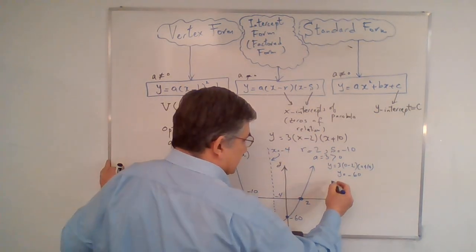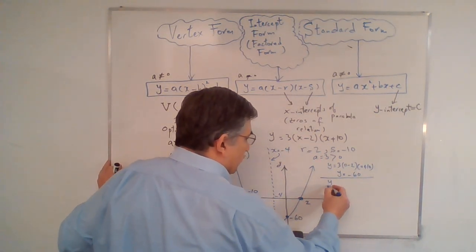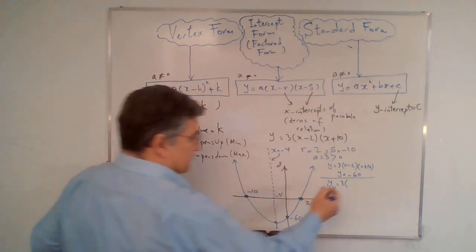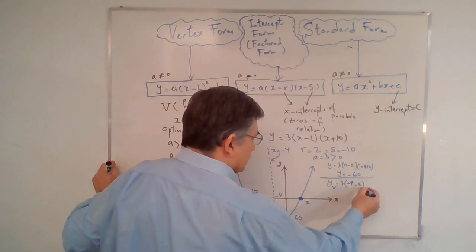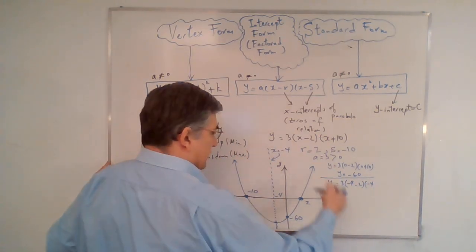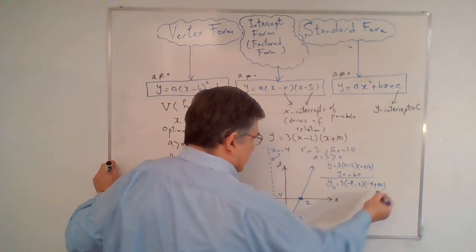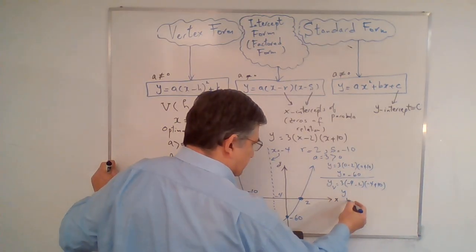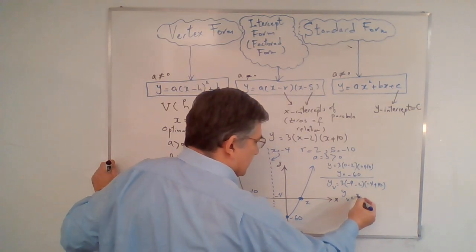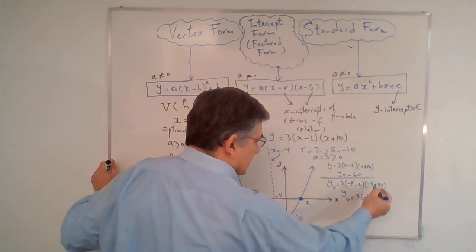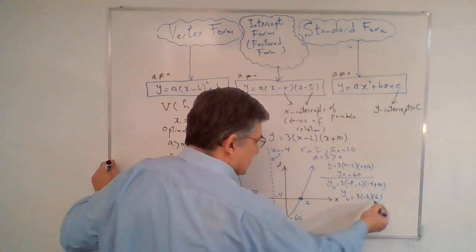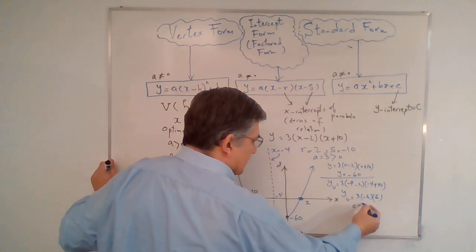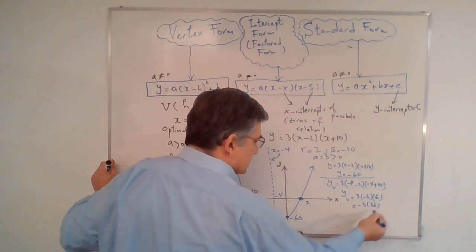So I can do that. If you want me to find the y-coordinate of the vertex, I go 3 times negative 4 minus 2 times negative 4 plus 10. I substitute negative 4 for x in the equation. That gives me 3 times negative 6, and that is positive 6. So that will be negative 3 times 36.